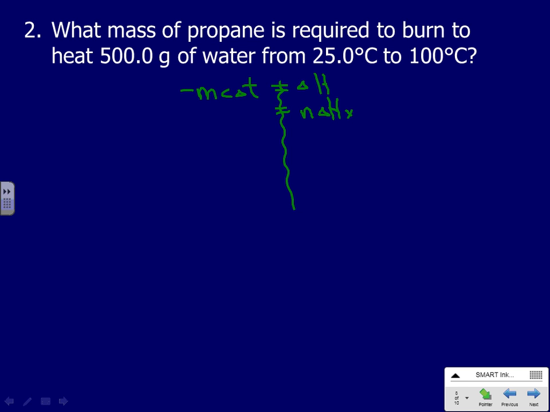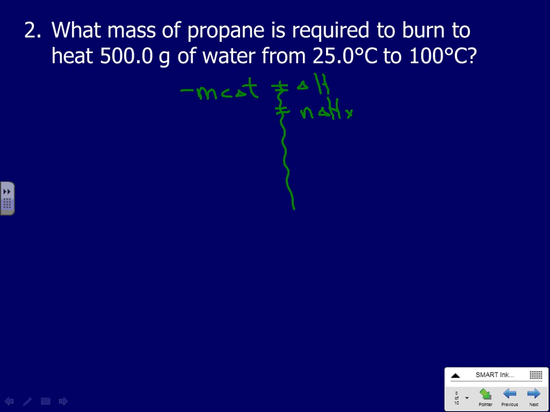What am I ultimately driving for before I get that mass? N, the moles of the system. I need to figure out how many moles of that propane, N, I'm going to need to get that to that temperature, all right? And then I can apply a molar mass and away I can go.